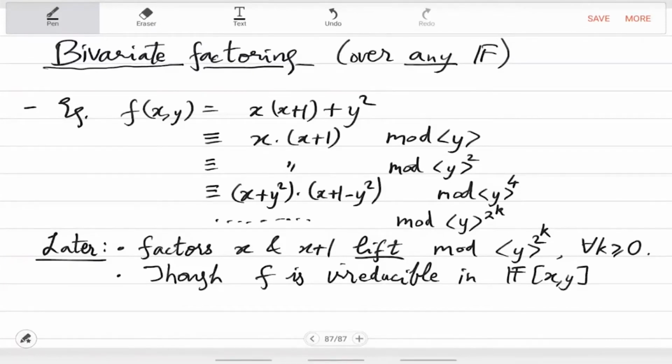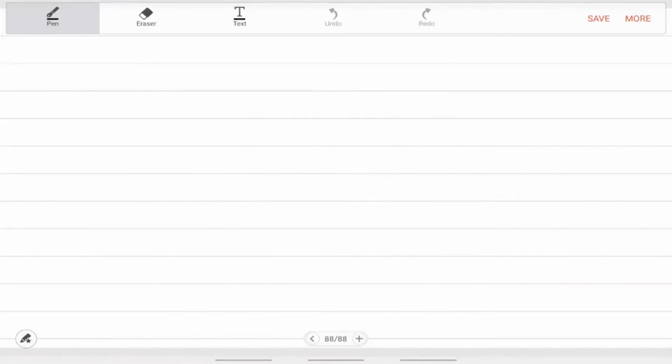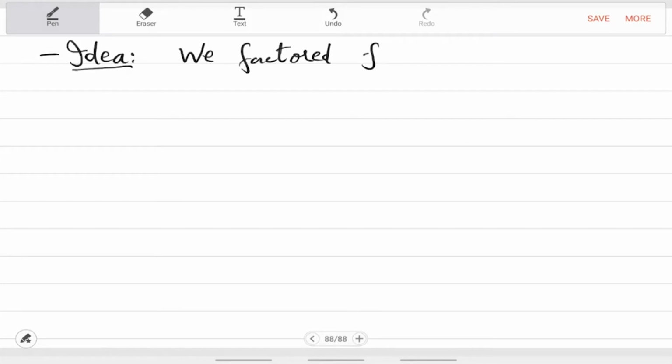So what we are doing here is we factored f, general f, as g0 times h0 mod y. So which is in other words, you factored f of x comma 0.